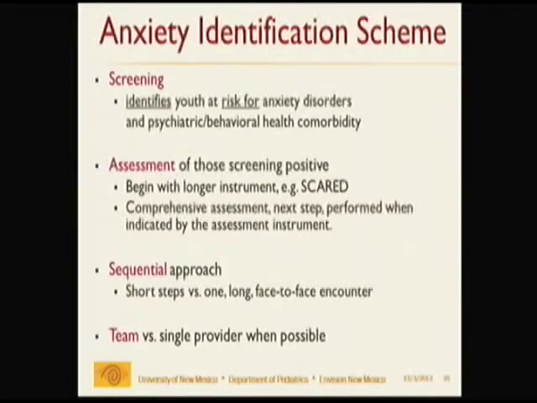Because screening will identify the youth at risk for anxiety disorders and their psychiatric comorbidity. And the assessment really begins with the assessment instrument, the SCARED being a longer, more in-depth instrument than our brief screen.